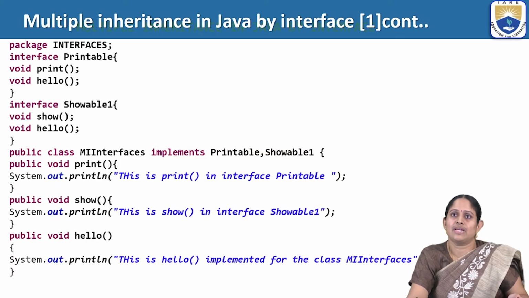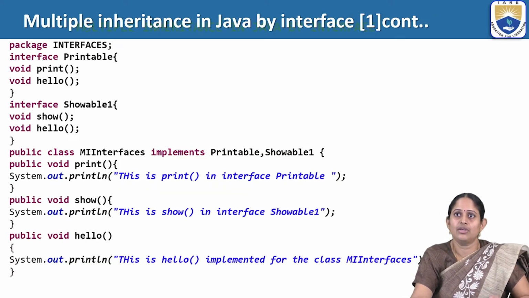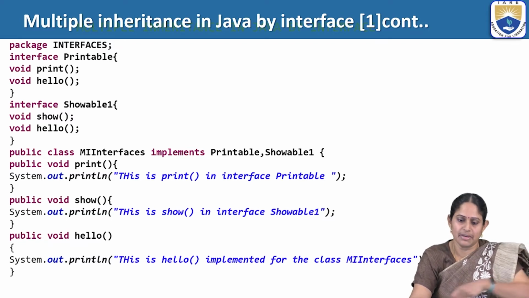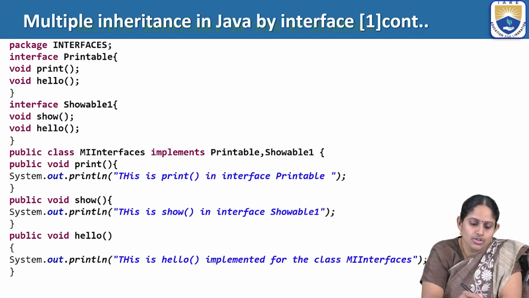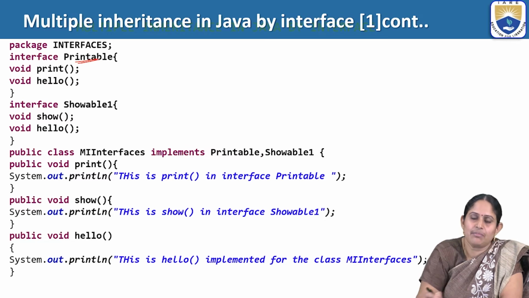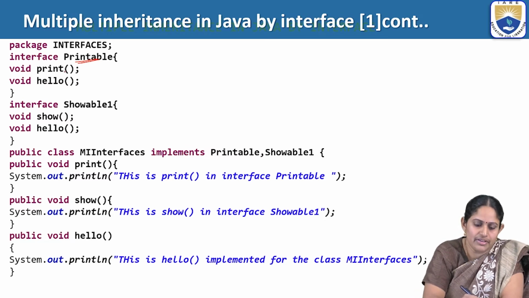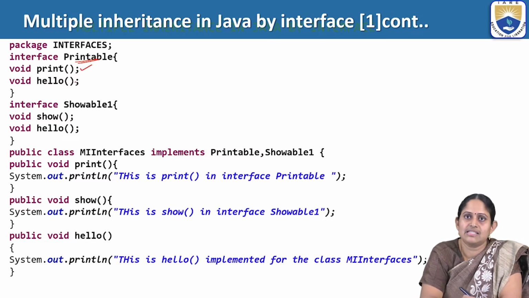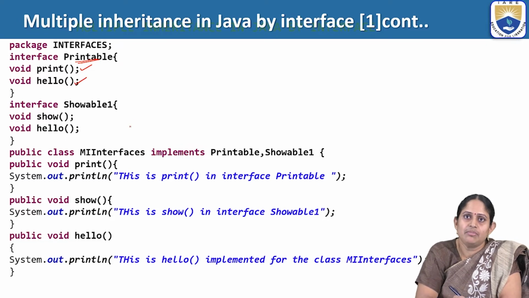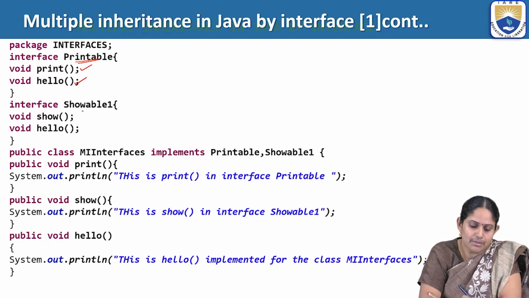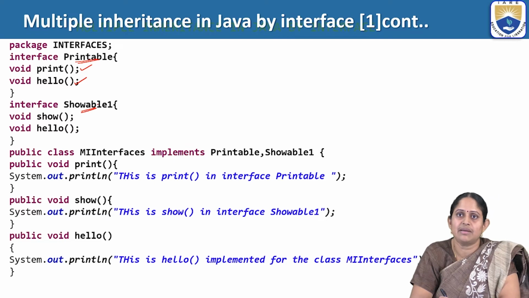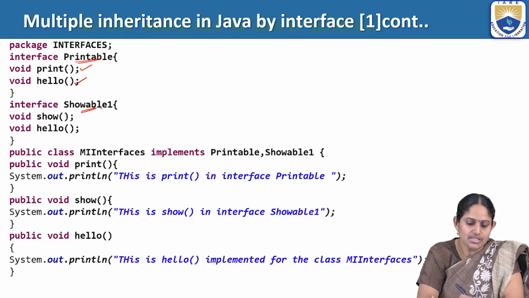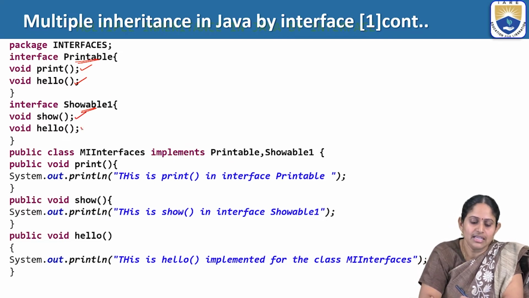So let's look into an example of making use of multiple inheritance by interfaces. Here we have an interface named printable, which has the method print as well as the method hello. Similarly, we have another interface named showable, which has a show method and the hello method.